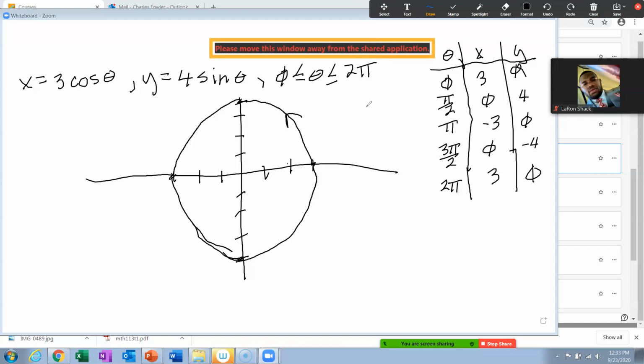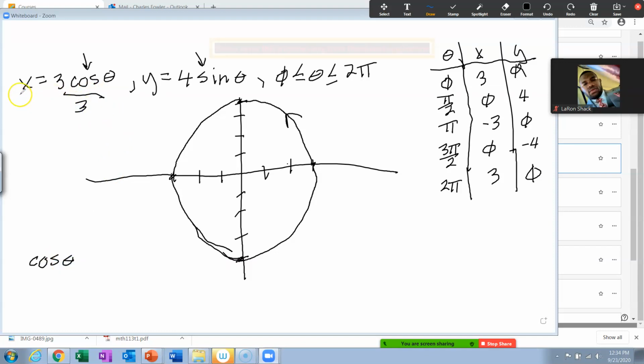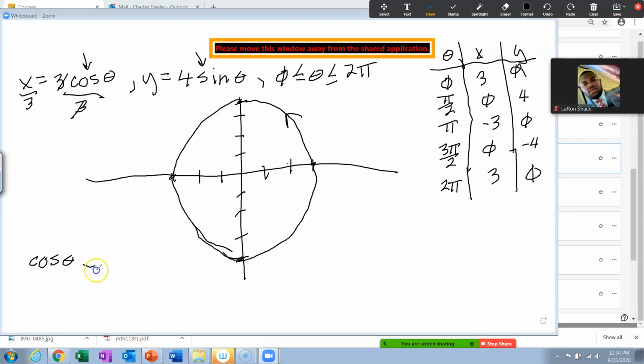Well, here's what they do. Let's solve it not for theta, but for cosine theta and for sine theta, because we know a very special relationship there. So what we know is that cosine theta, by dividing both sides by 3, you get that cosine theta is equal to x over 3.